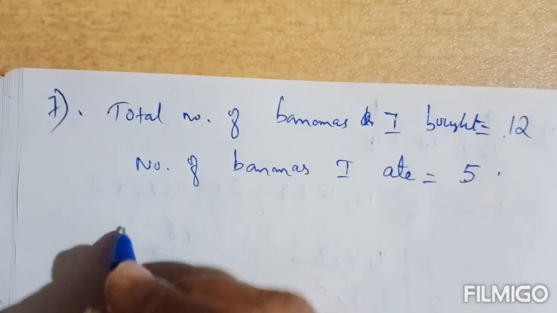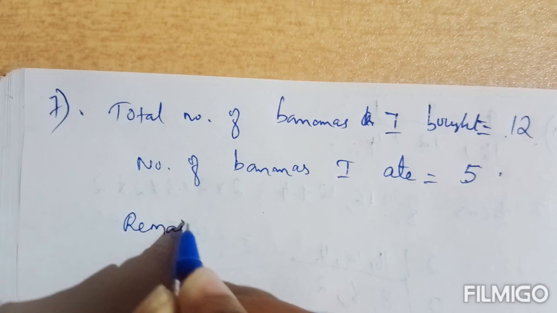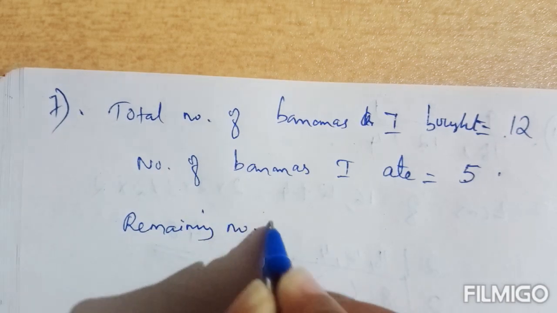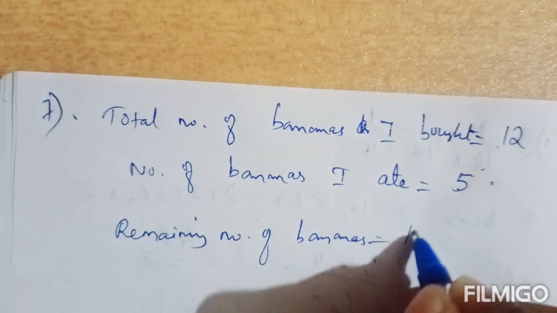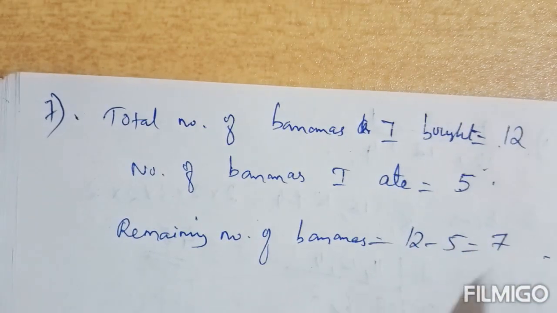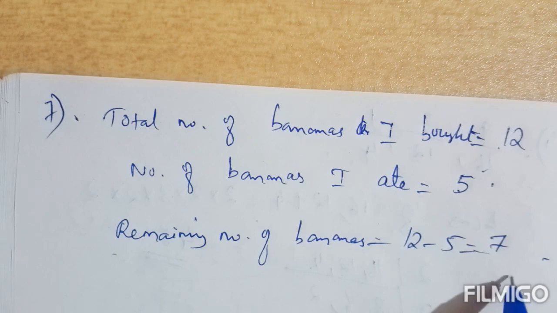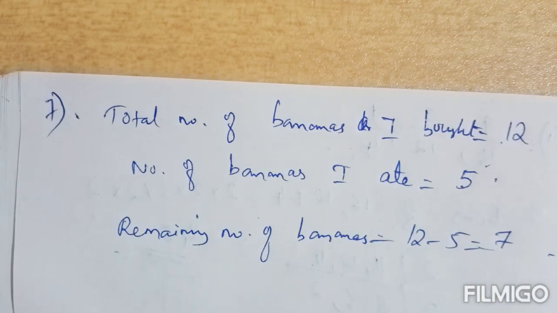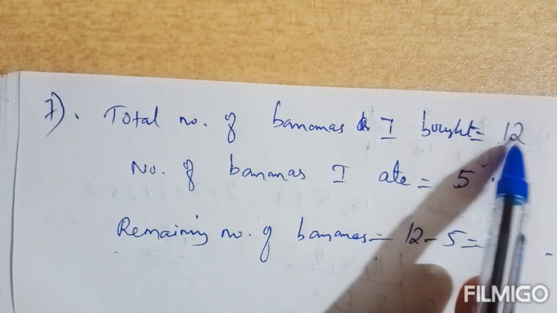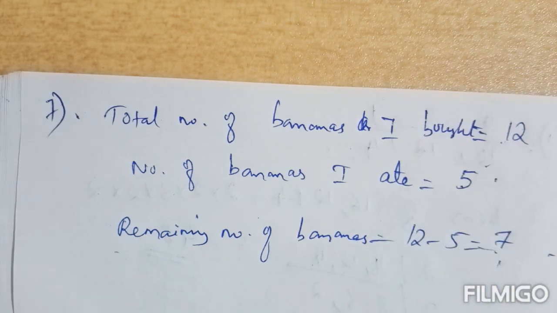So what will be the remaining number of bananas? The remaining number of bananas will be 12 minus 5, you will get 7. This remaining number of bananas you have to write in fraction form. What fraction of total bananas was left?